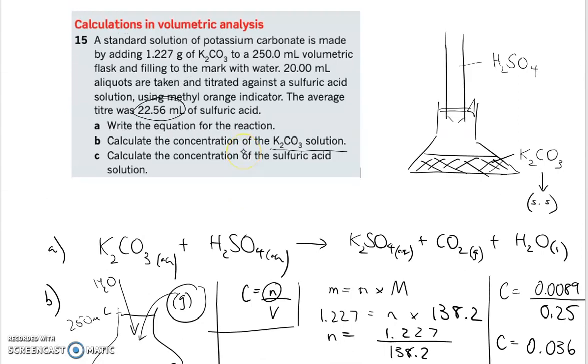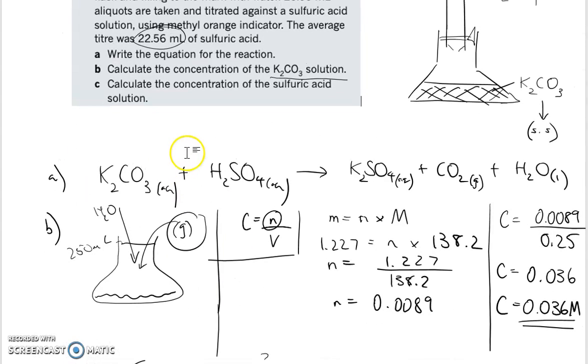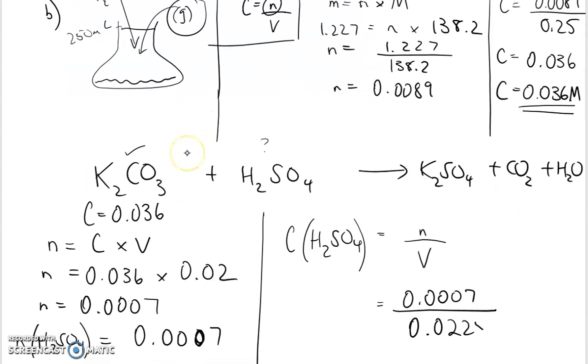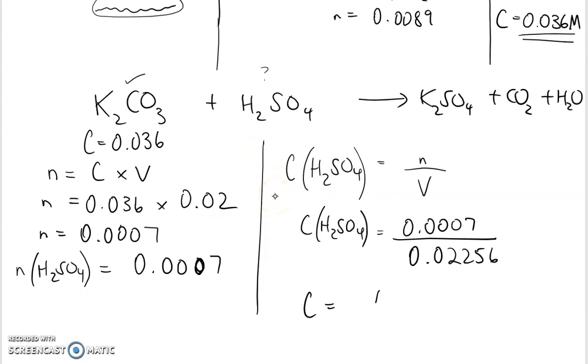The average titer volume was 22.56 mL. So that as litres is 0.02256. So that's going to be my concentration value of sulfuric acid, so 0.0007 divided by 0.02256. Okay, so 0.031 molar. And that's how you do that question.